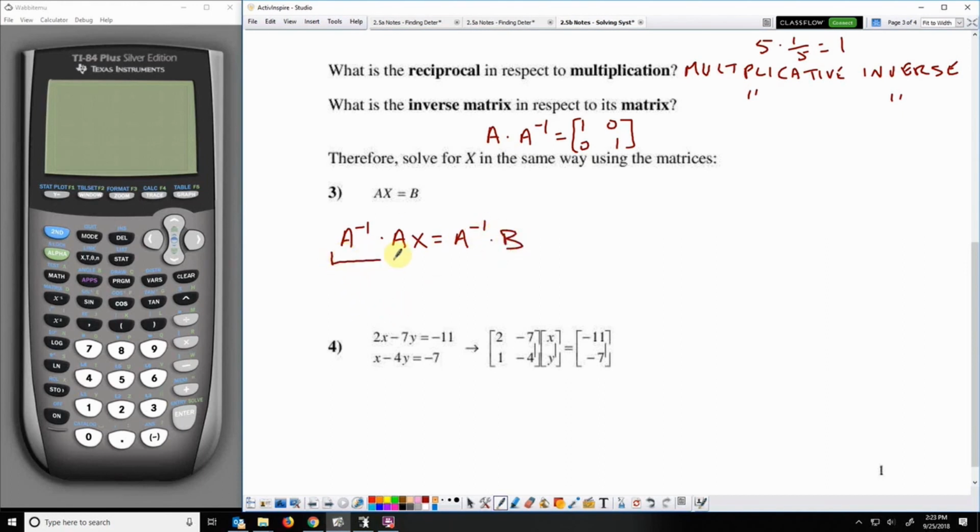Now when you multiply these, you get the multiplicative identity. Sorry, not an inverse matrix. You get an identity matrix.